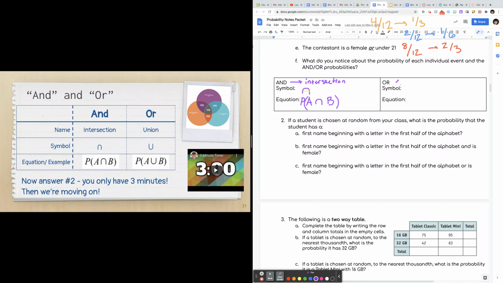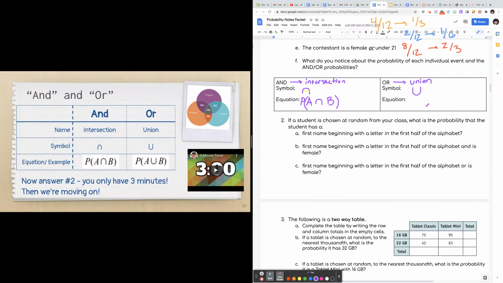All right, so for or, our fancy geometry name for that is a union. Okay, so a union. The symbol for a union is just a regular U. So pretty easy to remember: U, union.